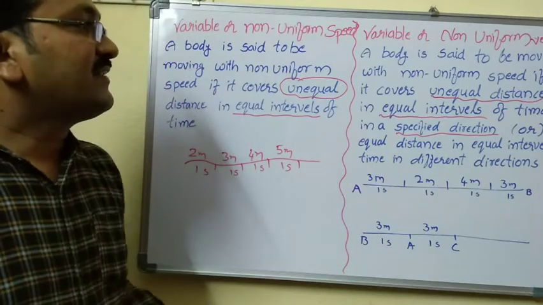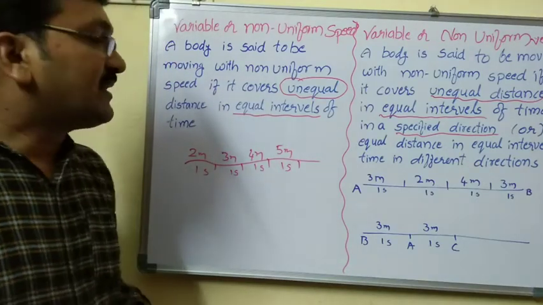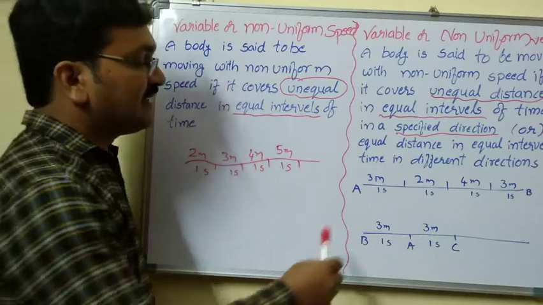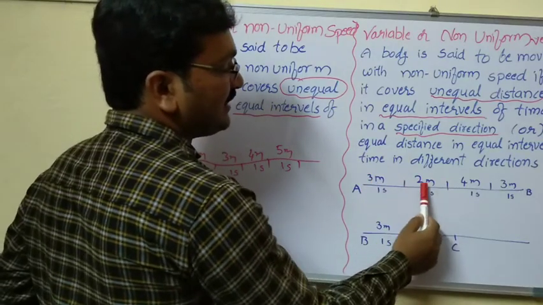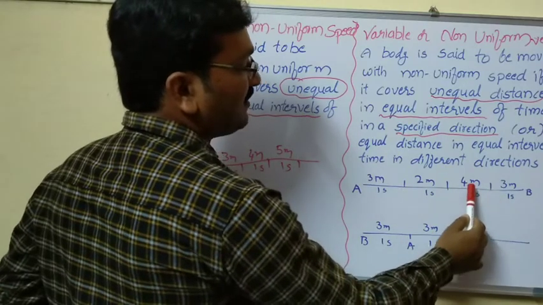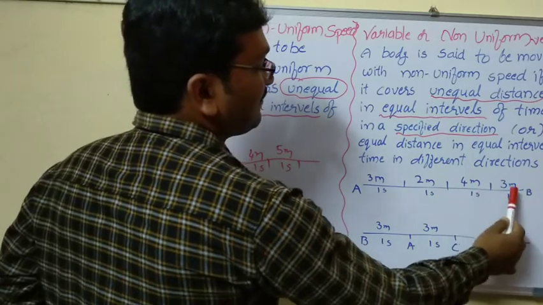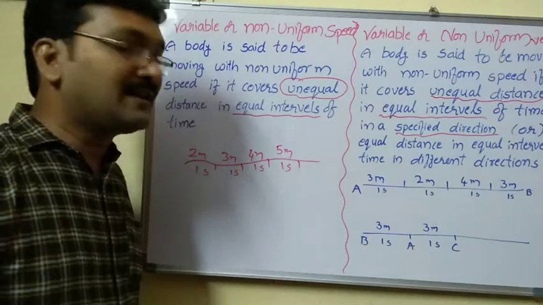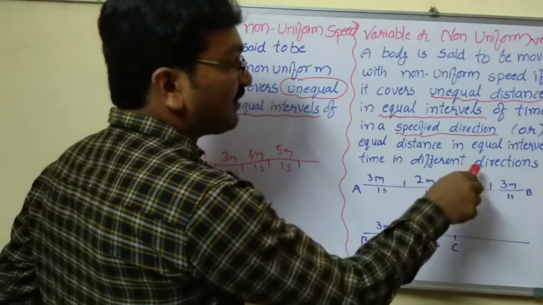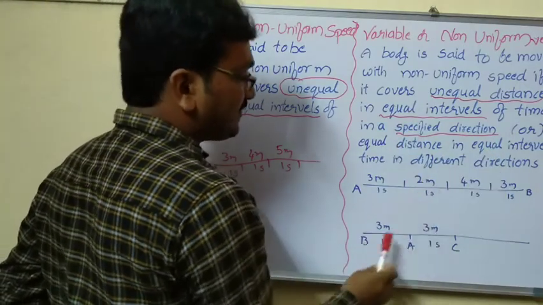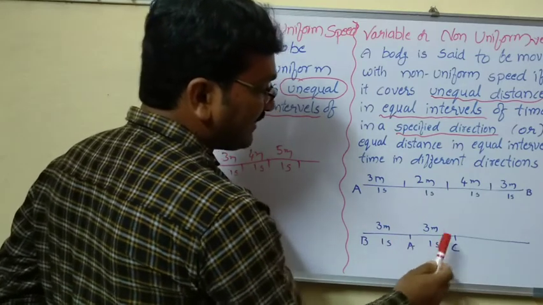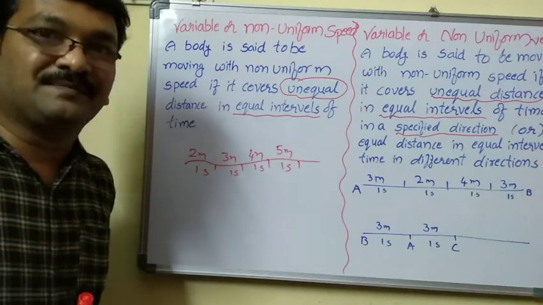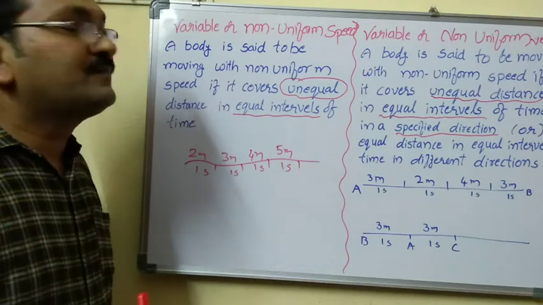Both cases will come. The first case: in 1 second only, 3 meters here, 2 meters here, 4 meters here, 3 meters here. One more case is also there: B to A is 1 second, 3 meters, and A to C means the direction is changing. You must remember both.